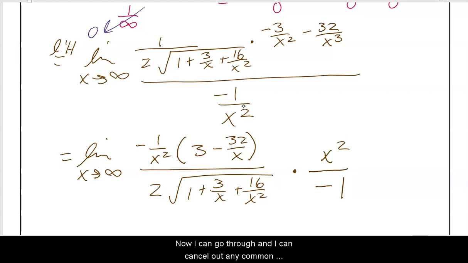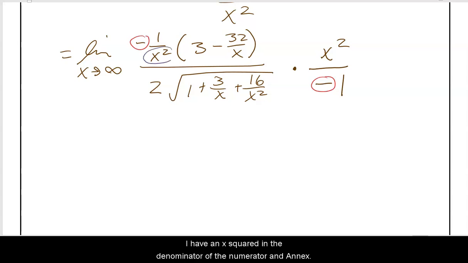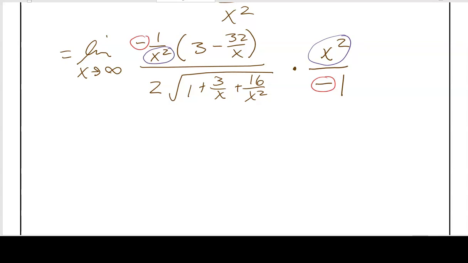Now I can go through and cancel out any common factors, numerator or denominator. I have 2 negatives, so those cancel and I get a positive. I have an x squared in the denominator of the numerator and an x squared in the numerator, so those cancel.